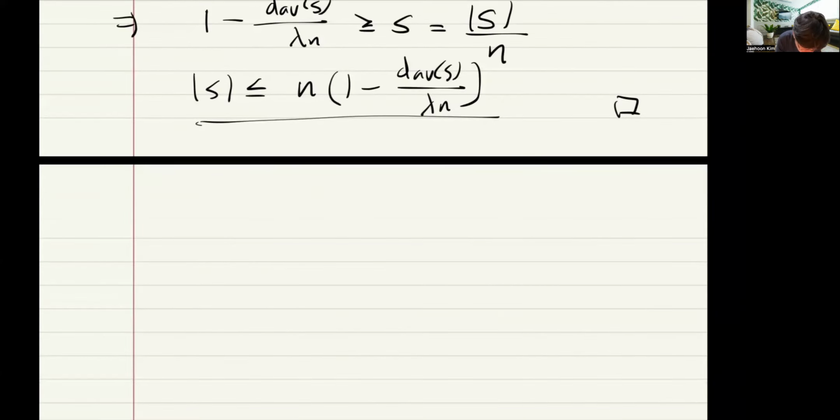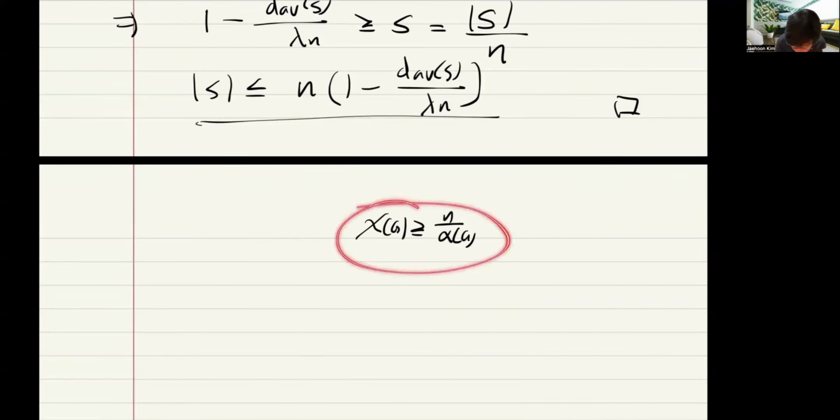From this, if we know an upper bound on alpha, then the chromatic number is at least N over alpha. So you get some lower bound on the chromatic number. But can we get a more explicit one?